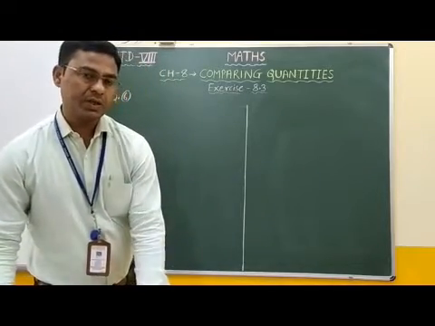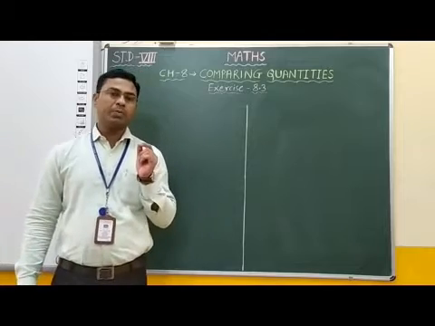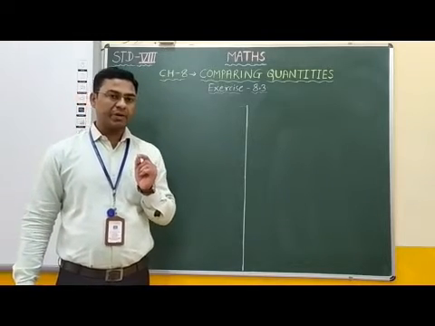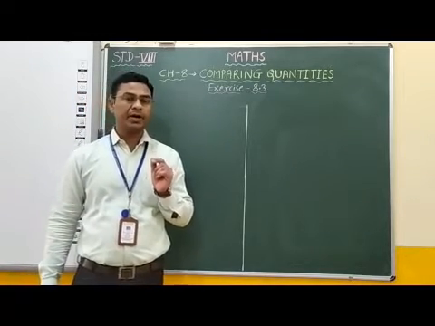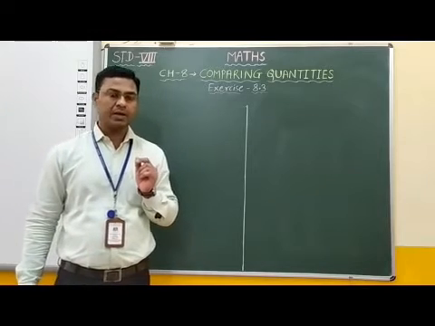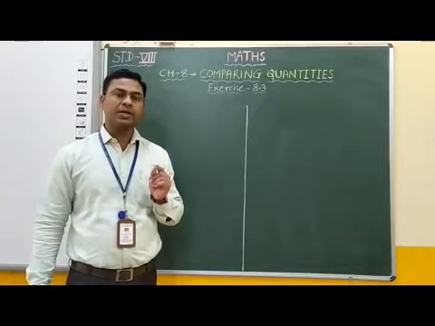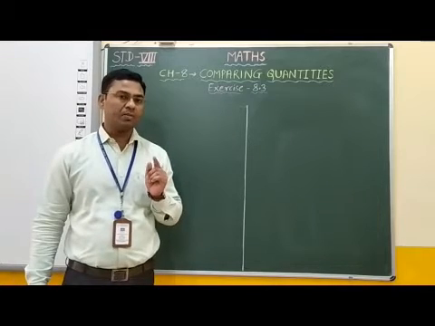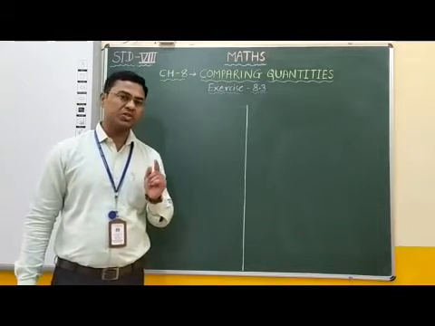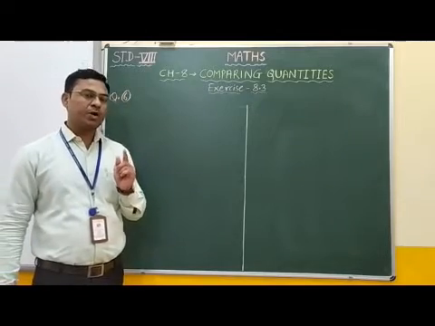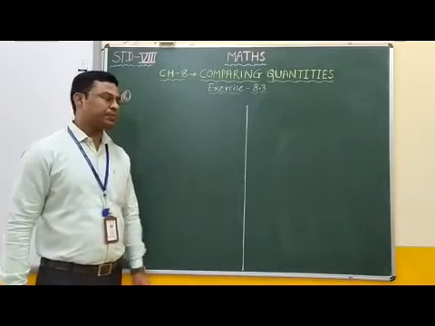Students, in this question we have to find out the amount of compound interest compounded annually and the amount of compound interest compounded half yearly for the same principal, the same rate of interest and the same number of years. Therefore, first of all we have to find out the amount of compound interest annually.